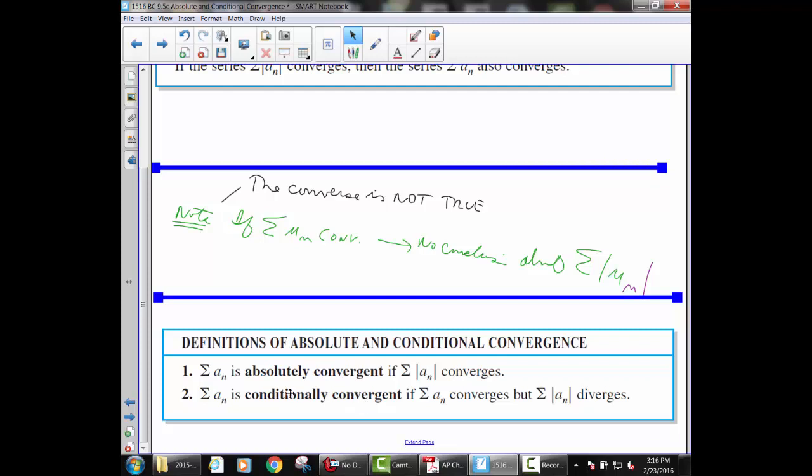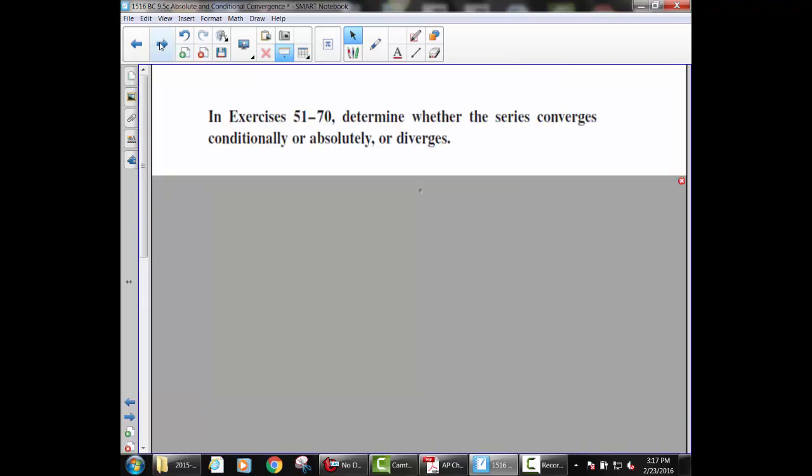So in each case, the summation AN converges. The question is, does it converge absolutely or does it converge conditionally? That means you've got to check to see whether the summation of the absolute value of AN either converges or diverges. If it converges, then summation AN is absolutely convergent. If it diverges, then it's conditionally convergent.